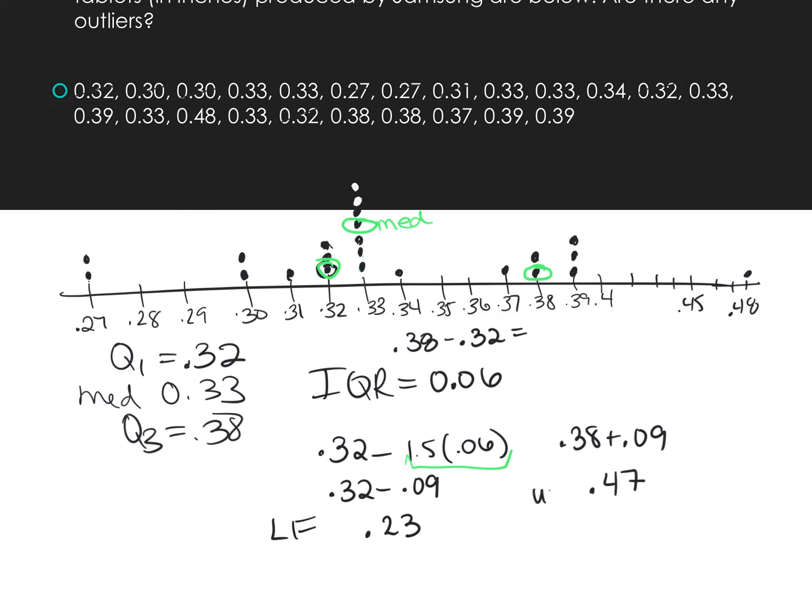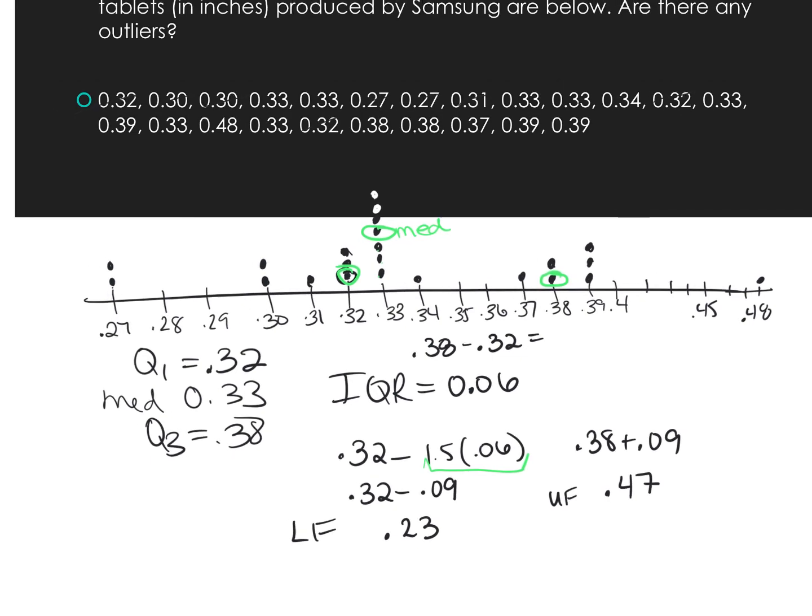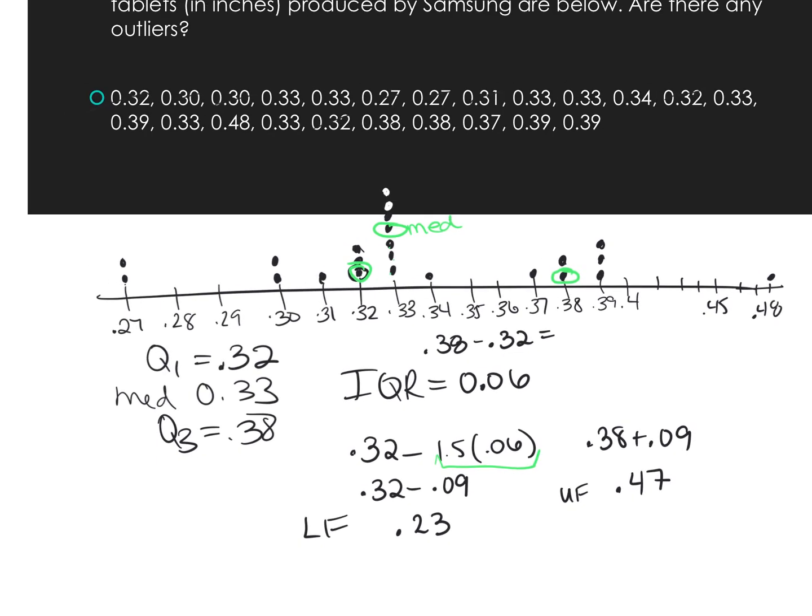That's my upper fence. So here's a good picture as to where your fences are. 0.47 is a fence, and 0.23 is a fence. Do I have anything lying outside?